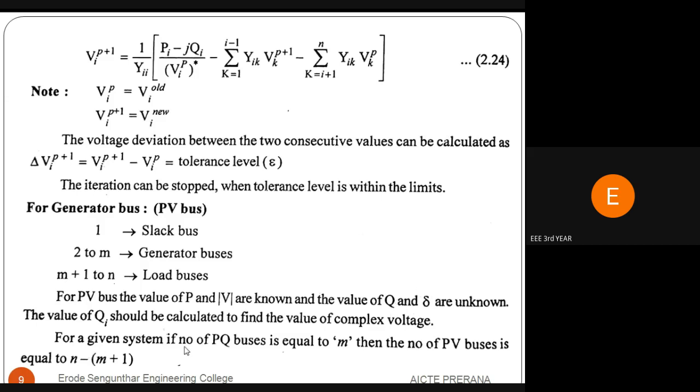For a given system, if the number of PQ buses is M, then the number of PV buses is N minus M plus 1. It's a condition.